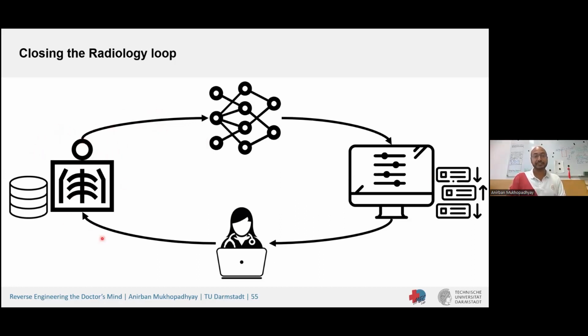So what we are doing here is that we have these images that are interpreted by the neural network, and then we generate structured reports. But then we can also do a prioritization, and this prioritized interpretation can go to the radiologist who is checking. In case they are happy, that's fine. Otherwise, they will make certain adjustments, and those adjustments will be stored in a machine-readable system, so that the network itself can get the real feedback.